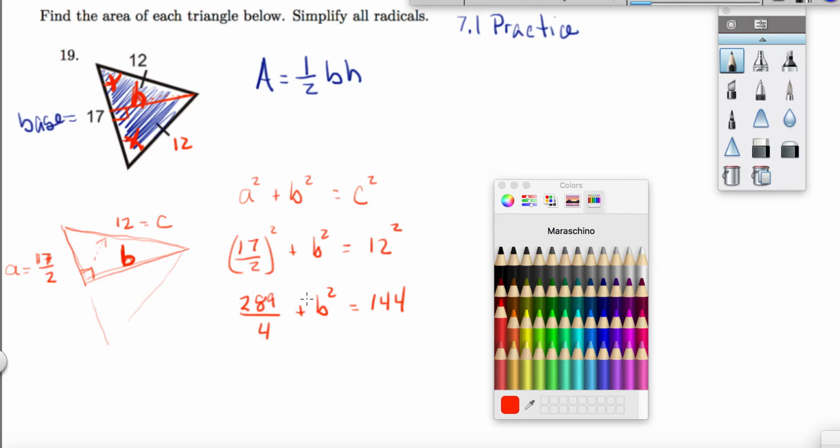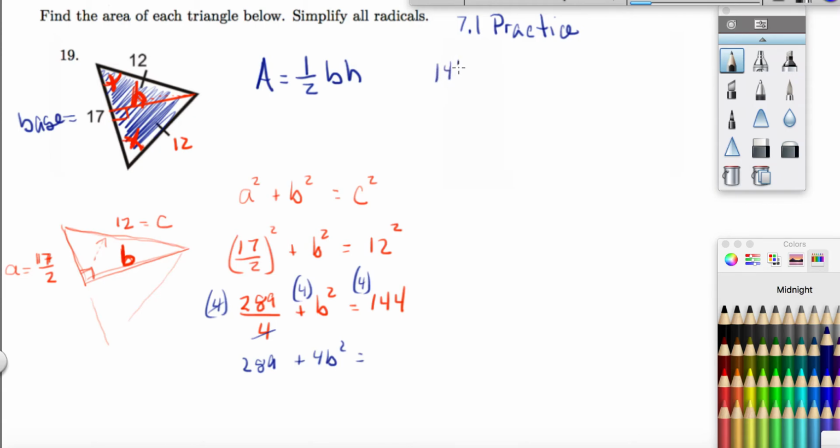So what do we do with this? How about we get rid of the 4 by multiplying it to both sides? So I have to multiply everything through. Now we're going to get 289, because these 4's cancel, plus 4b squared equals, now what's 4 times 144?